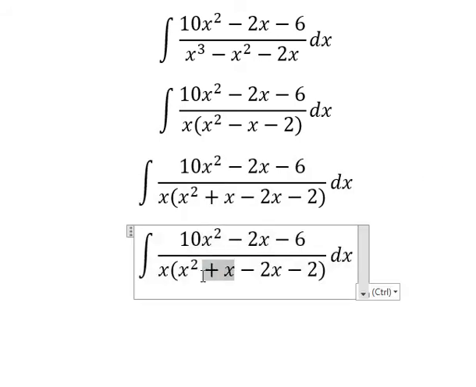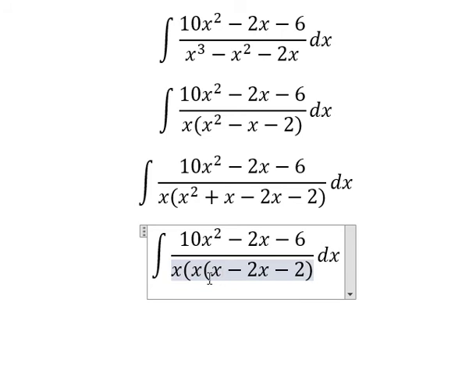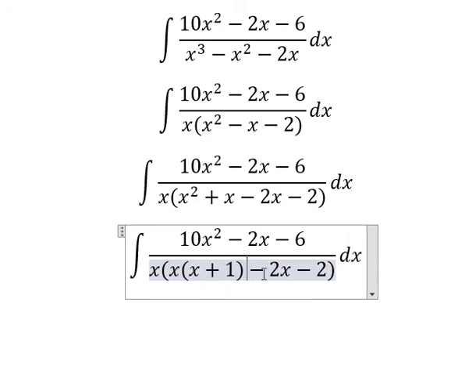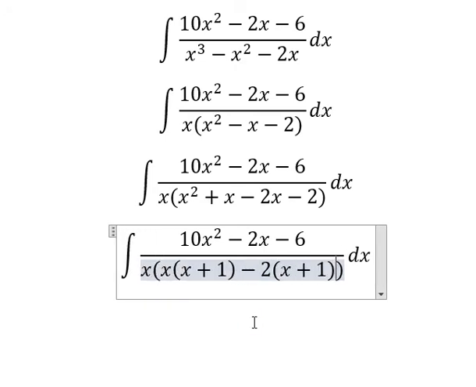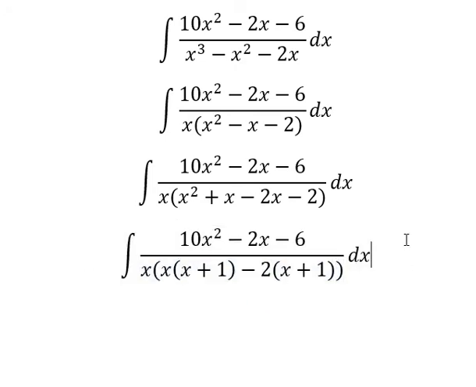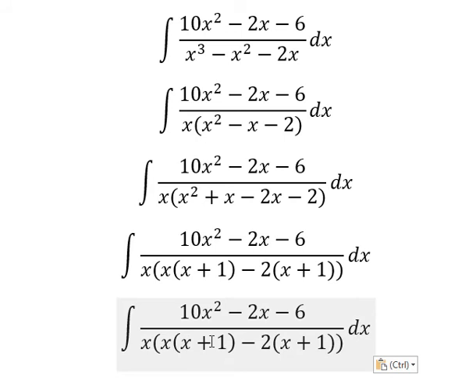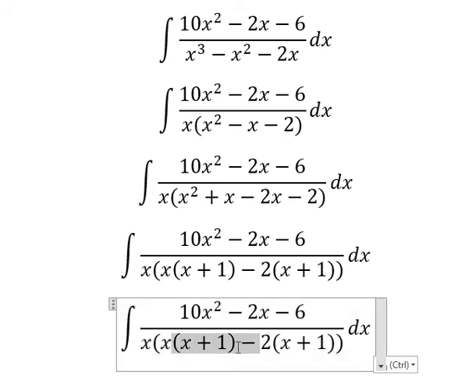Next, I need to do factorization by s. This one I will do factorization by negative number 2. So s plus 1, s plus 1, we can do another factorization.